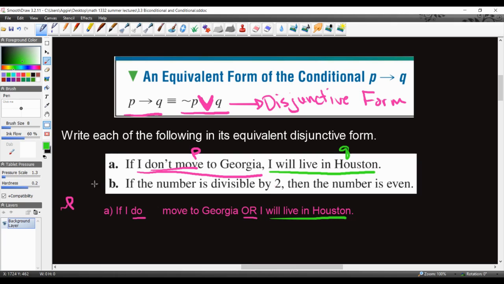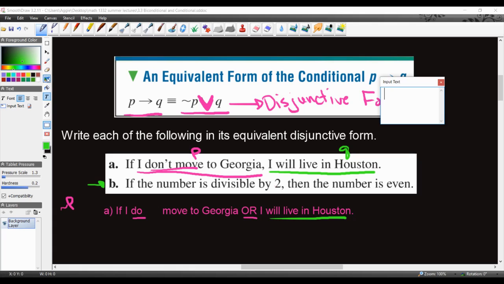Okay. Let's try the second one now. We're going to try this one. I hope I don't mess up like the first one. Otherwise, I'll owe you some homework points. So for letter B, so you all can see it. Okay. For letter B, we're going to go ahead and change that to the disjunctive form as well.